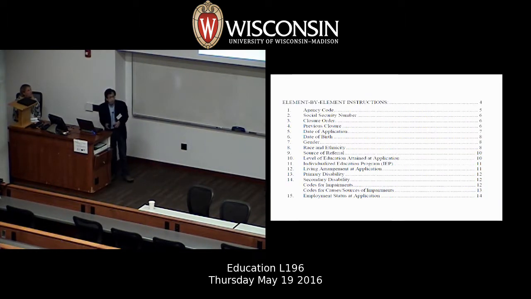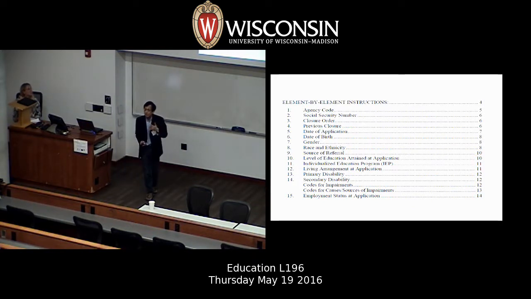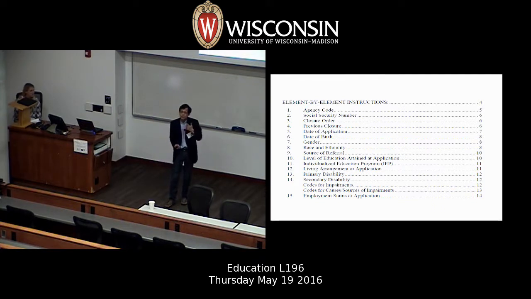Okay, I'm going to run through it real quickly, and you can see that we can look at all kinds of things. They have gender, race, ethnicity, age, education, and whether you receive Social Security or not, et cetera.